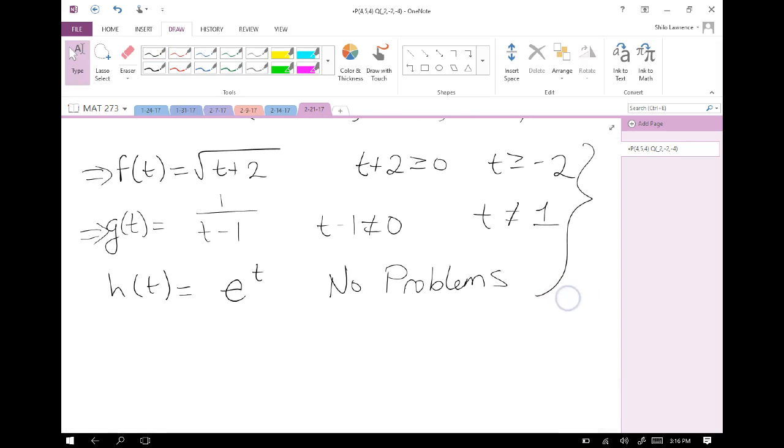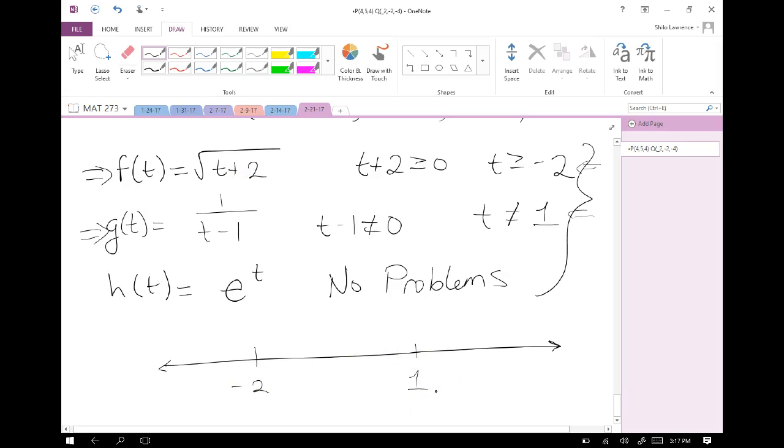And I am a big fan of graphing. If you don't need to graph it to figure out the answer, that's perfectly fine. We want to write our answer in interval notation, though. We don't want to just do set builder notation and throw all the restrictions in at the end. So the numbers I have here are -2 and 1.